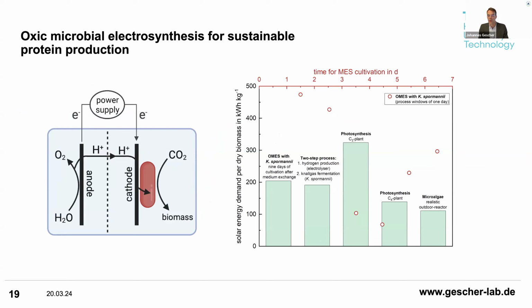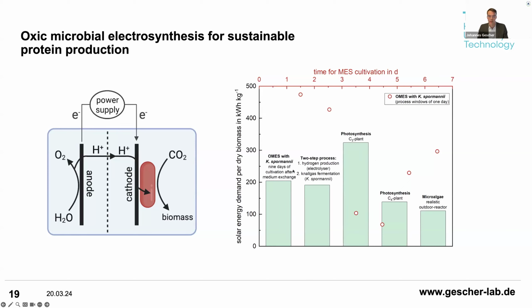And in order to show that this can be a viable process, we teamed up with Marvin Schatzinger and Martin Kalschmidt and tried to calculate the energy efficiency of these processes. And we compared the growth of our organism Kyrpidia spormannii on the surface of the electrode with, for instance, photosynthesis by C3 plants, photosynthesis by C4, or microalgae reactors.